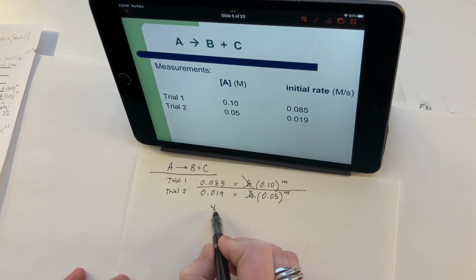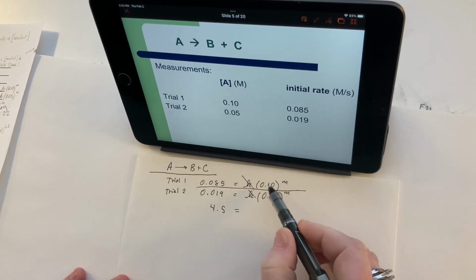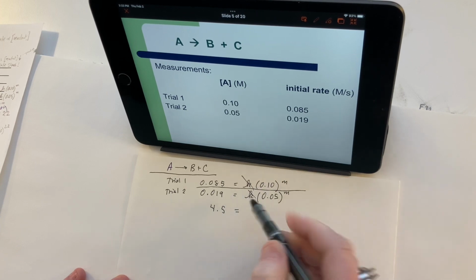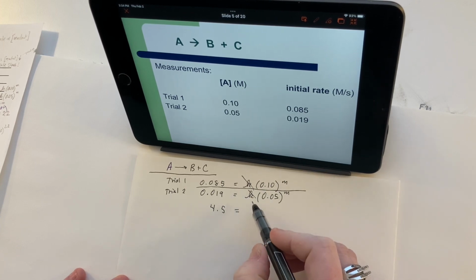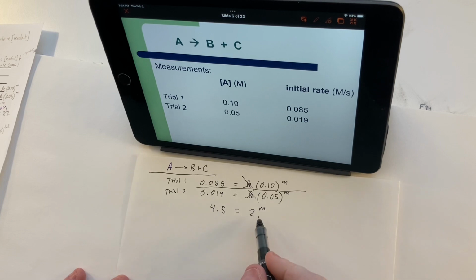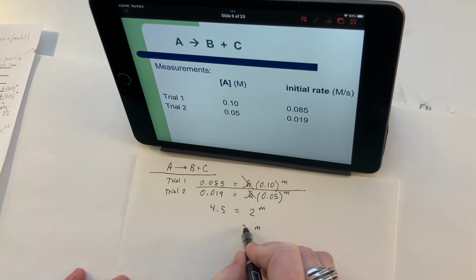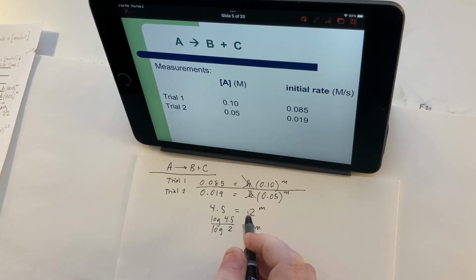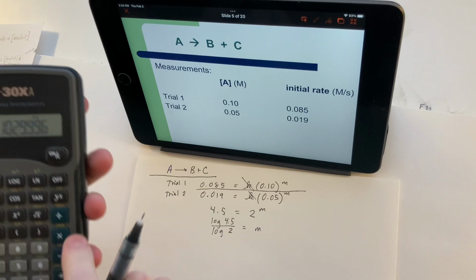So the left side is a 4.5, and then we have 0.1 divided by 0.05 raised to the m power, which is 2 raised to the m power. Okay, so then I want to solve for m by taking the log of 4.5 and dividing it by the log of 2. So I put those in the calculator.